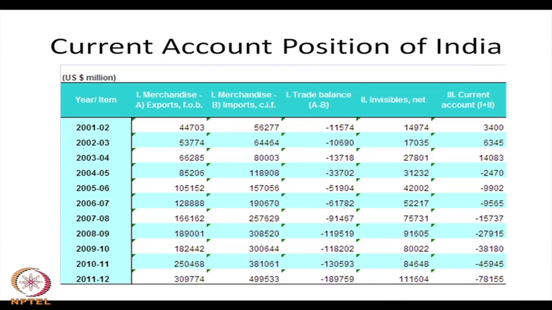But our export is elastic to some extent, because some manufacturing goods are in the export basket. Our software export, computer software, has been increasing, and it has given good strength to our export basket.